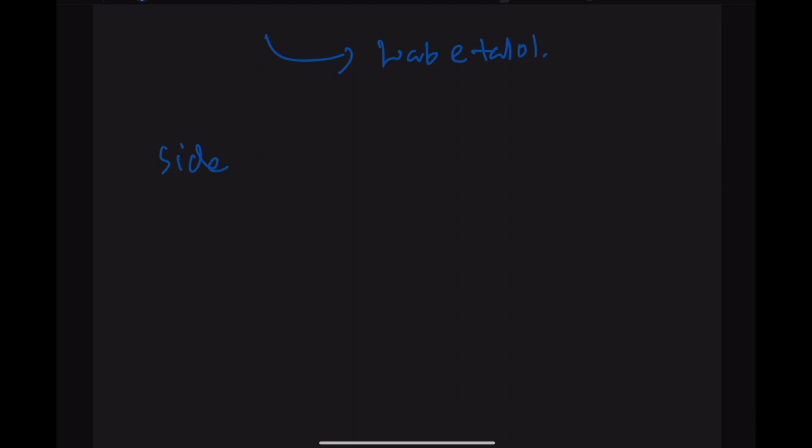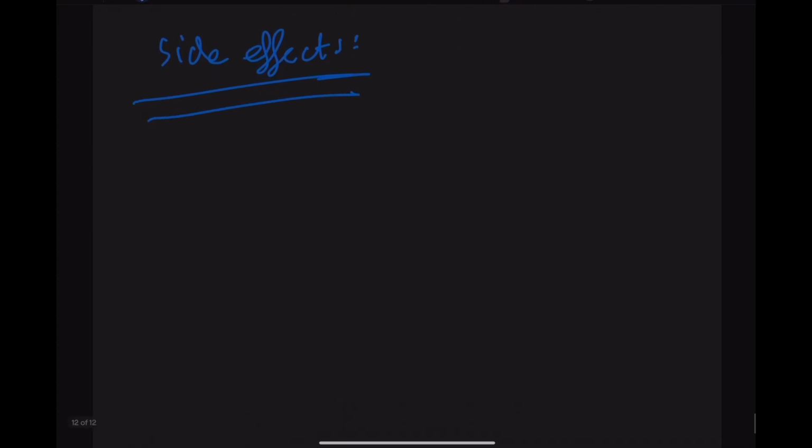What are the side effects of beta adrenergic antagonist? Let's see the side effects. It can exacerbate asthma. Okay, it can cause bradycardia, or you can say sinus bradycardia.